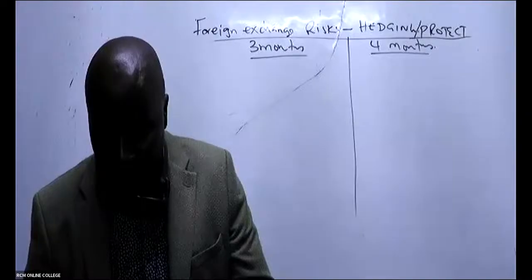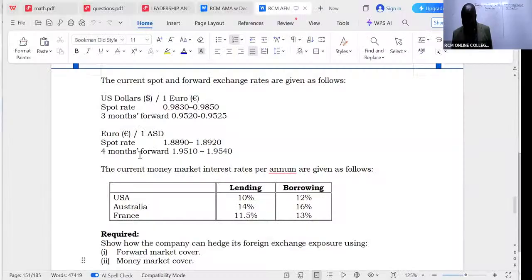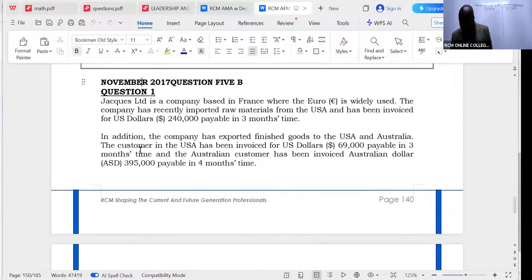Now, ladies and gentlemen, my good students, please listen. What have they told us here? Line number 2: the company has recently imported raw materials from the USA and has been invoiced US dollars $240,000 payable in 3 months' time.